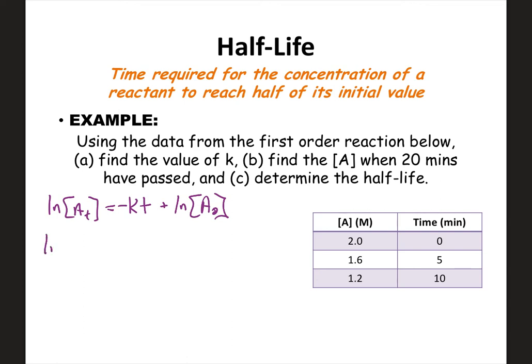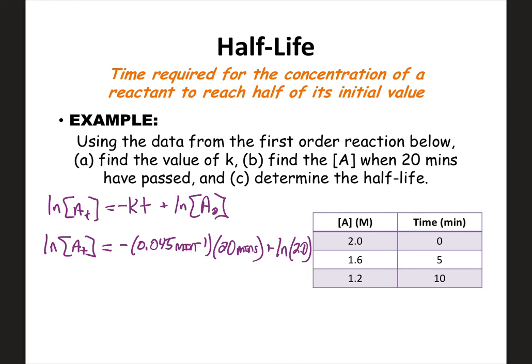We just found k, so it's going to be negative 0.045 minutes to the negative 1 times time, which is 20 minutes. The units match, so that's good. Plus here, the natural log at time 0, which is going to be 2.0 again.